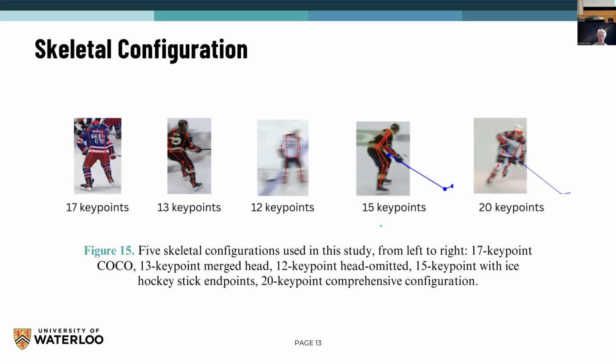Then 15 key points with ice hockey stick endpoints, as you can see in blue, and 12 body key points. And then the 20 key point comprehensive configuration, with 5 head key points, 12 body, and 3 for the stick.